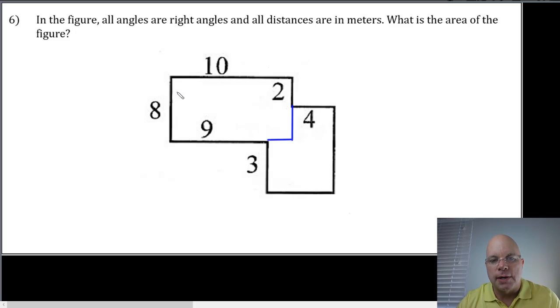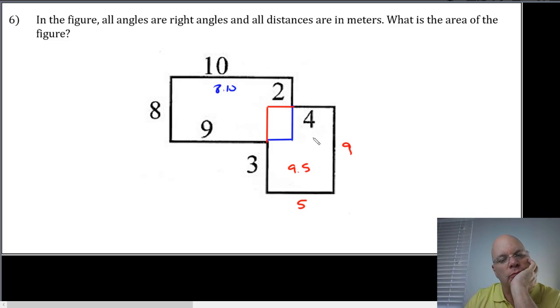You could complete this 8 by 10 rectangle, and then you could complete this, get a different color, this rectangle like this, and this one would be a 9 by 5, I believe.